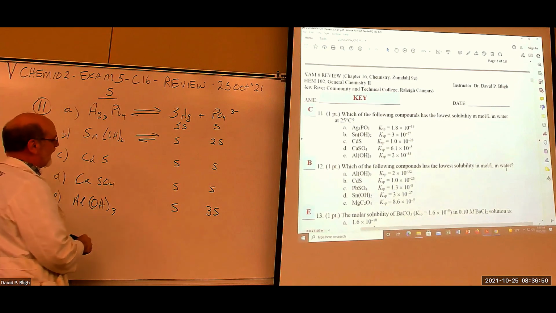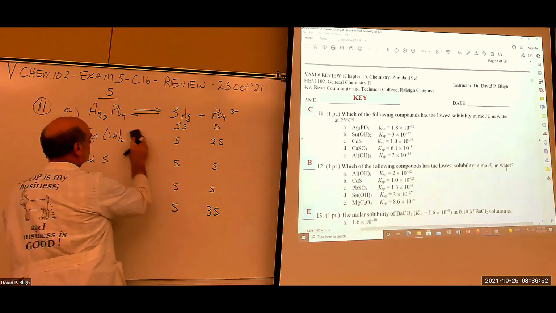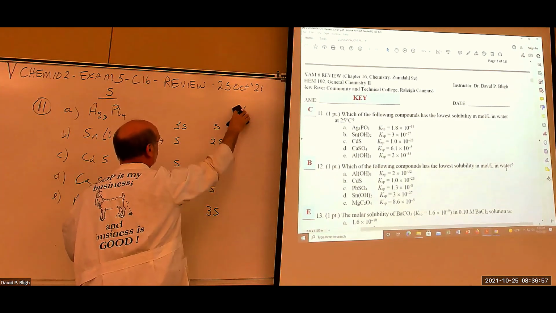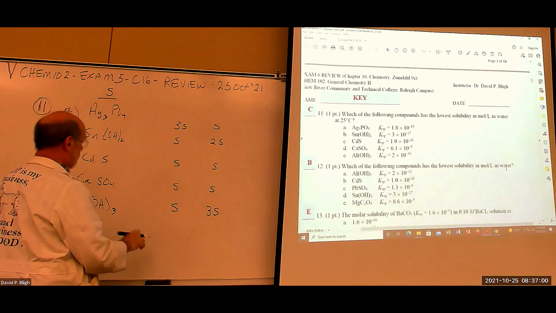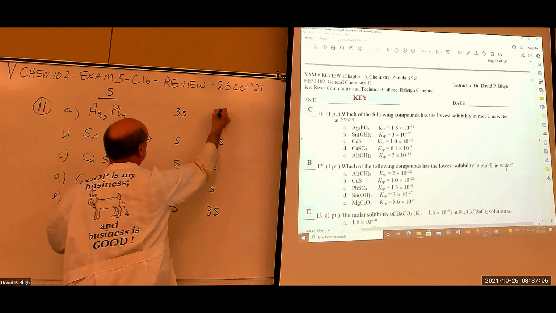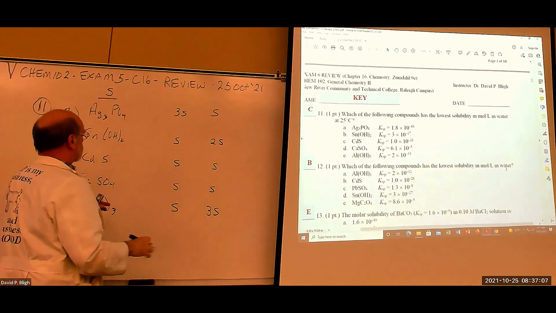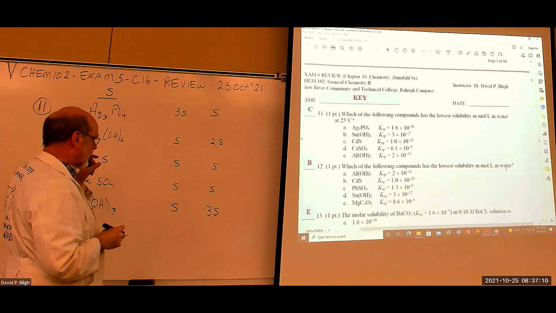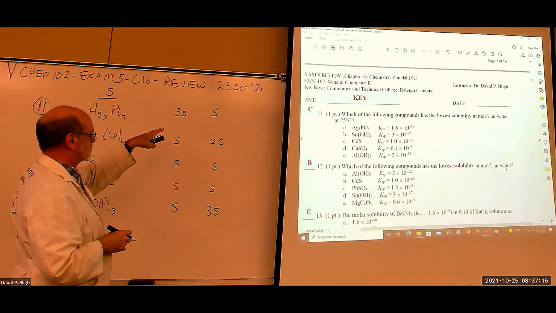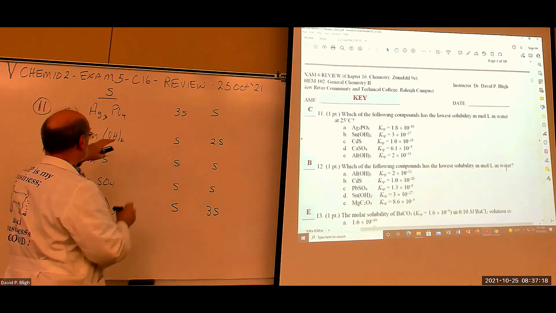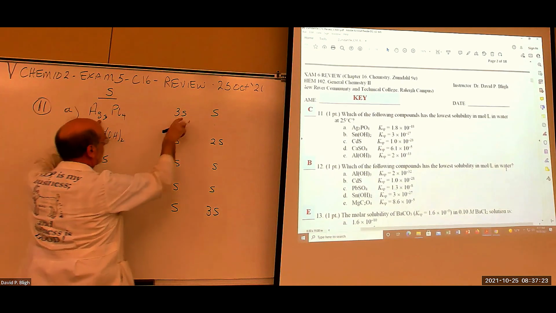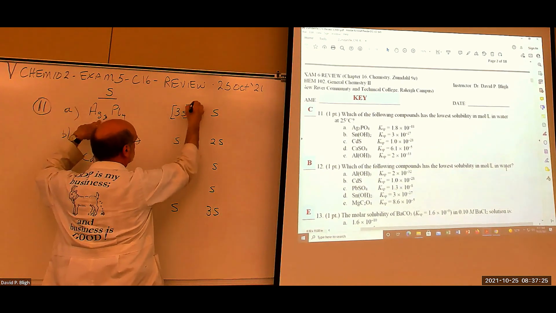Okay, so now we have a pattern. We don't need this part anymore. Okay, so if we write 3S, S, now if we write the equilibrium expression for each one of these, then this is going to be 3S, but it's also going to be cubed.